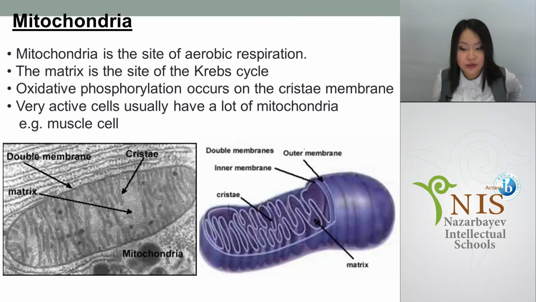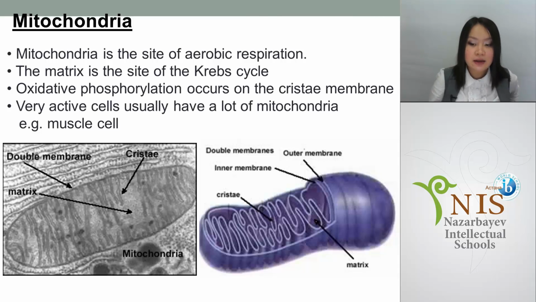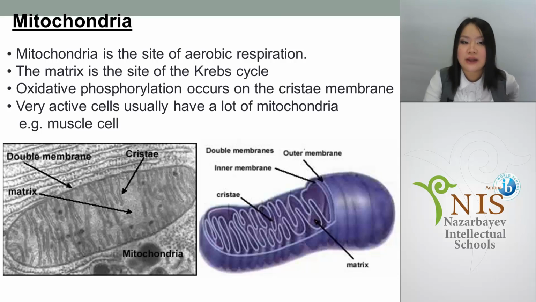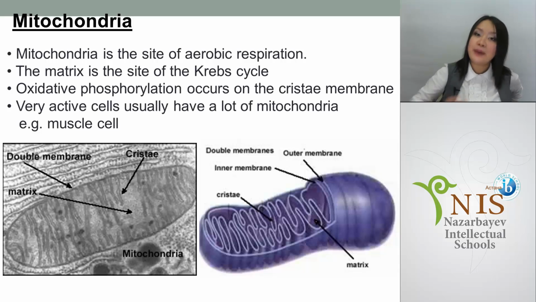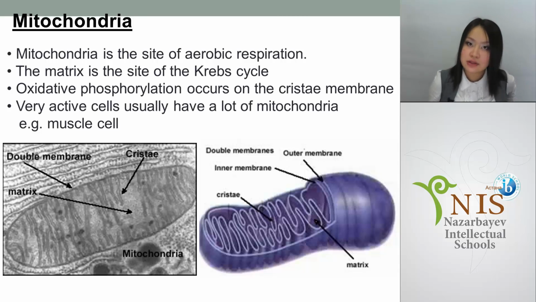And some scientists think that maybe chloroplast and mitochondria are a symbiosis between the cell and these organelles. They guess that maybe chloroplast and mitochondria were independent organisms at the beginning, and then at some stage they entered into the cell and stayed there.